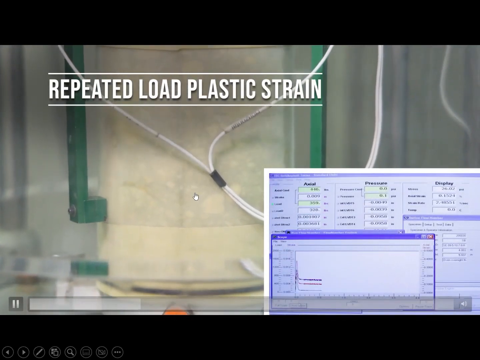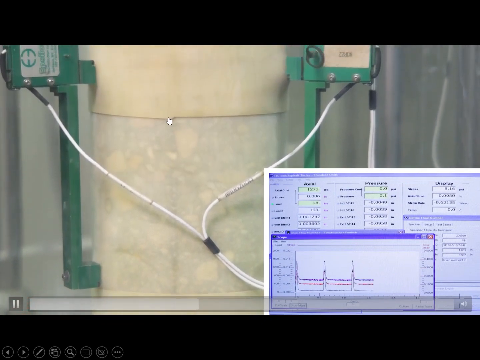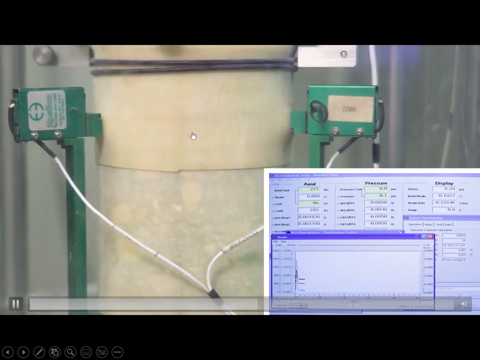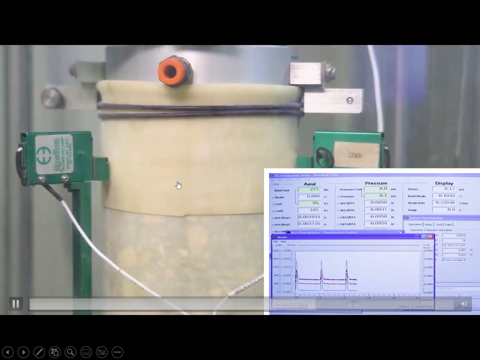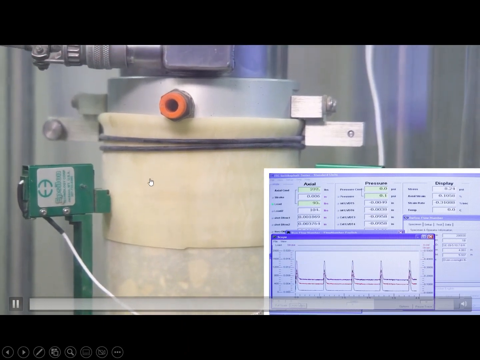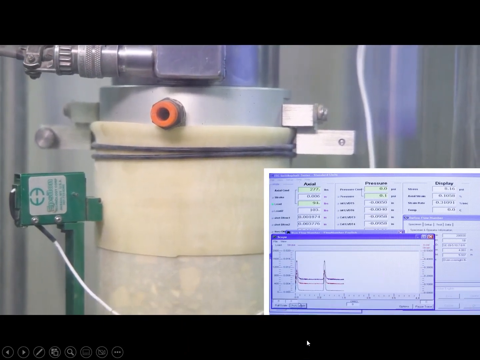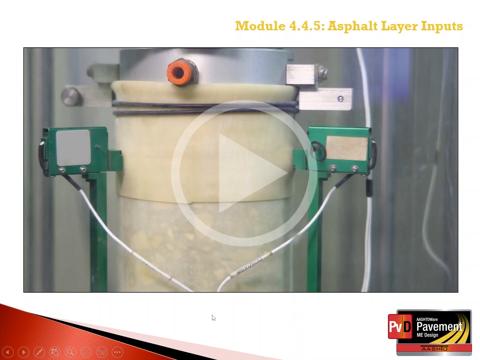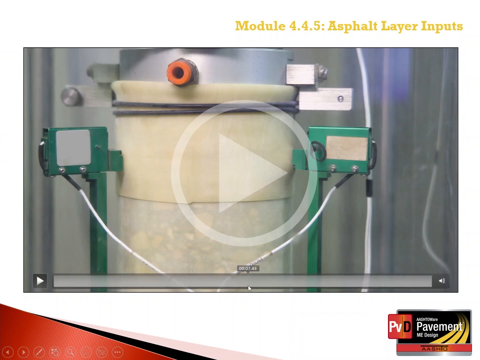This is also a confined test, or a triaxial test, where a confining pressure is applied to the specimen. So the load and deformations were shown on the monitor in the video.